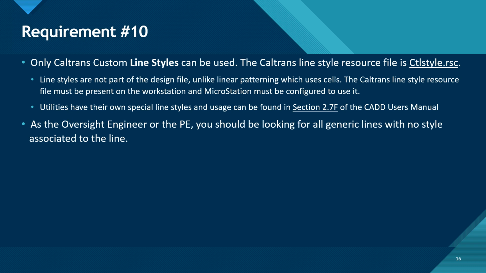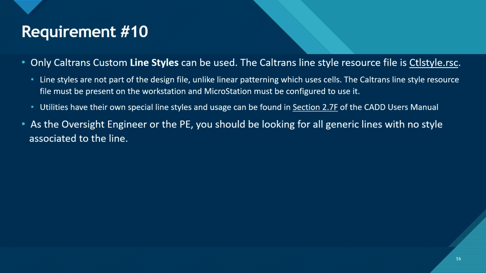ctlstyle.rsc. Line styles are not part of the design file. Unlike linear patterning, which uses cells, the Caltrans line style resource file must be present on the workstation and MicroStation must be configured to use it. Utilities have their own special line styles, and their usage can be found in section 2.7F of the CAD User's Manual.